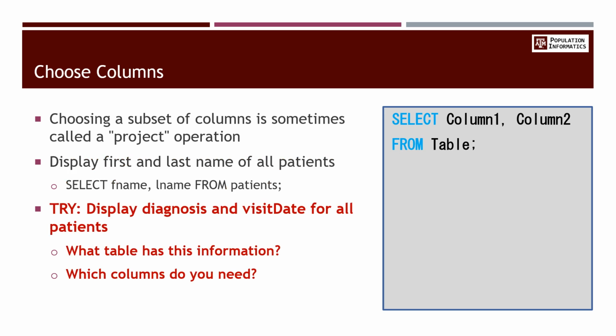Now you try it. Try to write the SQL query to display diagnosis and visit date for all patients. What table has this information? Which columns do you need? Pause the video and try it. Then restart the video after you are done.